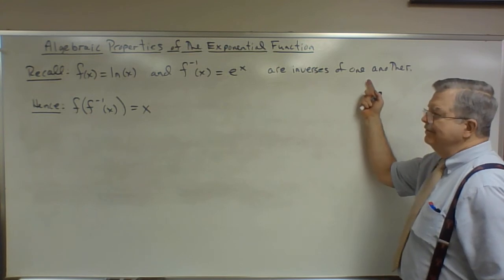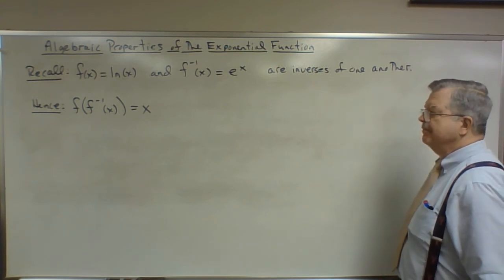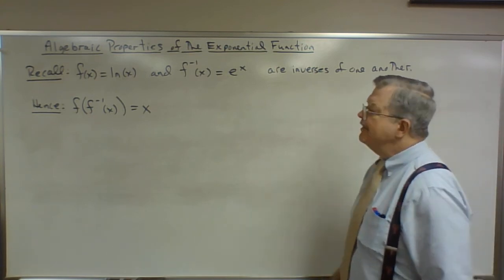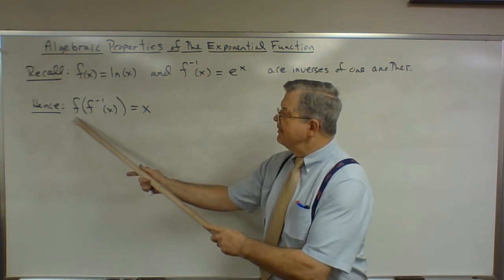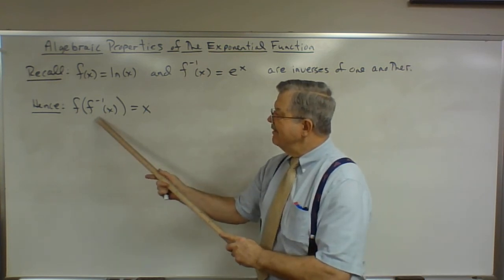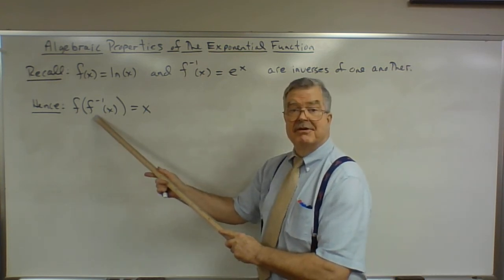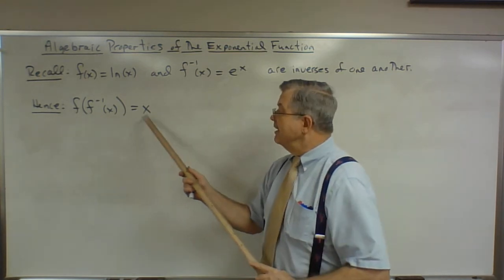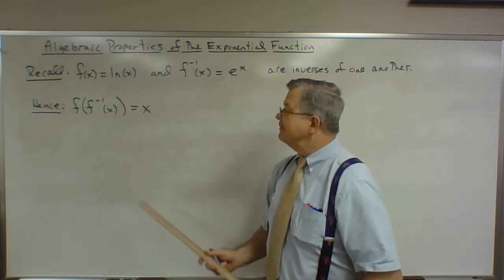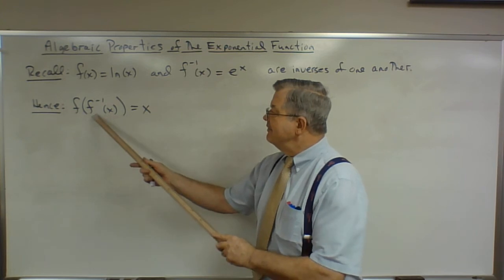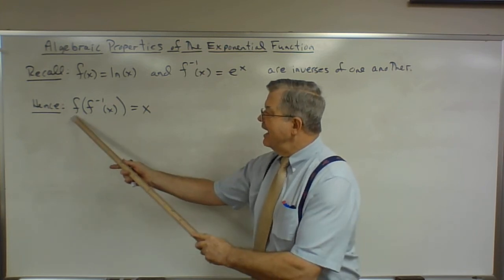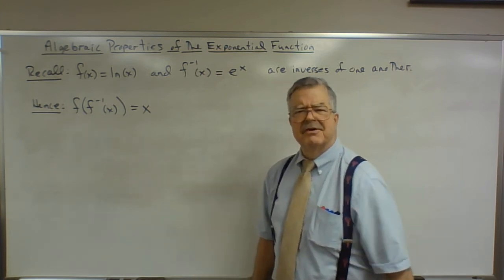They're inverses of one another. And since they're inverses of one another, f evaluated at its inverse, f inverse of x, is just going to give us x. Whatever f inverse does to x, f undoes it, and vice versa.